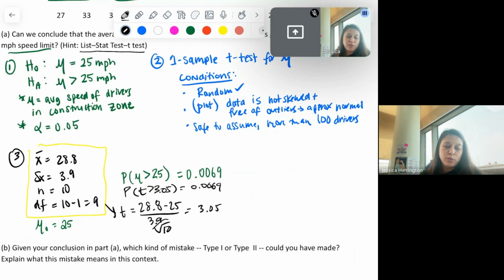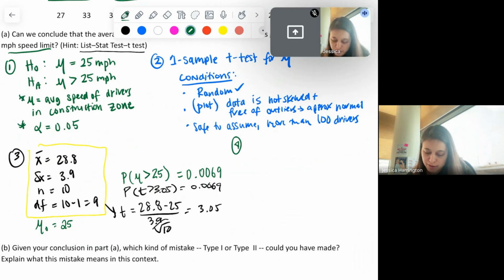And then now we need to compare. So let's go back and put that in green. All right, so our alpha was 0.05. So if I look at it, our p-value is 0.069, which is not less than 0.05, okay?